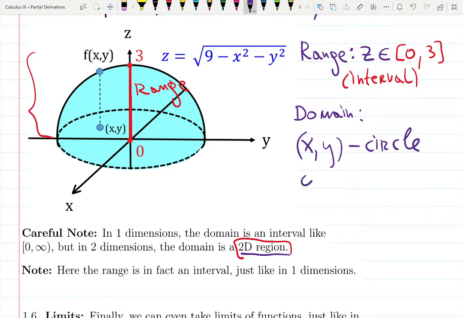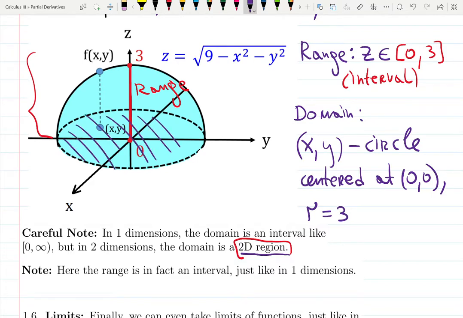Centered at 0, 0, in 2 dimensions, right? And radius, let's call it small radius, 3. Does it make sense? So domain is your shadow on the floor. Range is how far my z goes. So that is interesting. And that's going to be a challenging part for you to see different 3D regions.